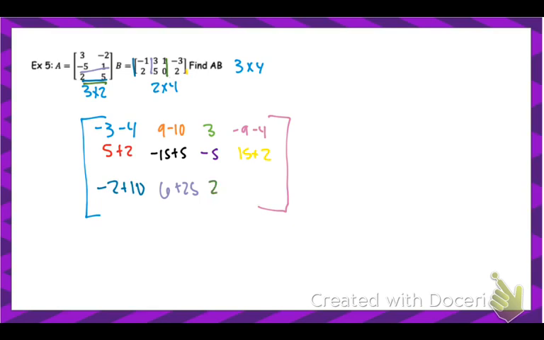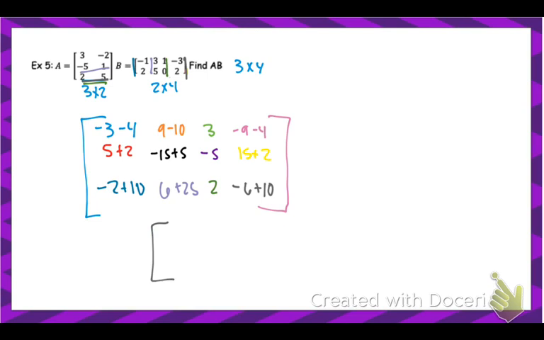Then 2 plus 0. And then finally, last one, let's do bottom row, last column. So negative 6 plus 10. But at this point, all I gotta do is just simplify all those values.